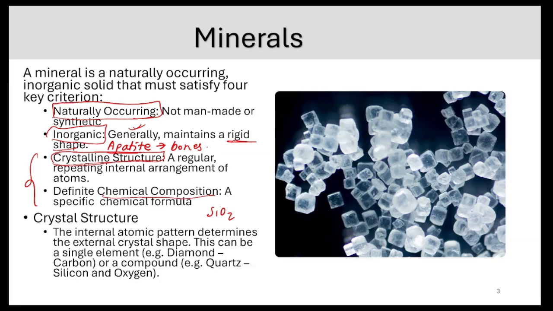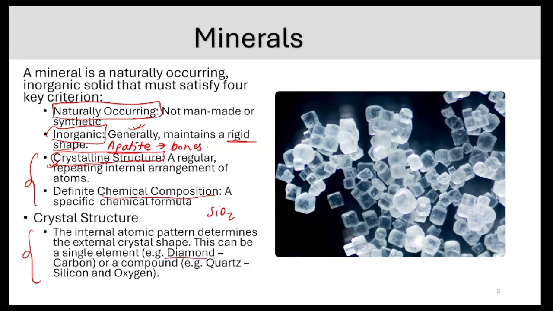The atoms are arranged in a regular and repeating internal pattern, and that is called a crystal structure. This internal structure is what controls nearly all the physical properties we use to identify minerals.